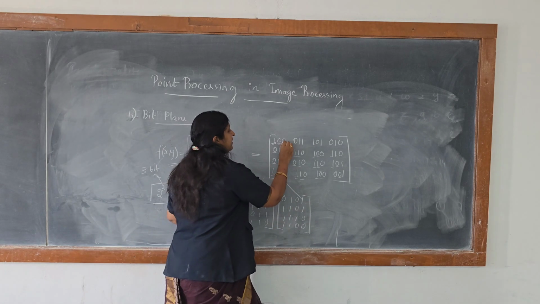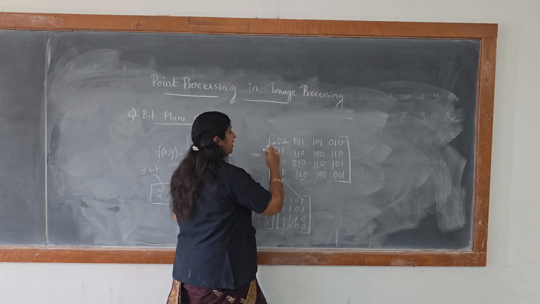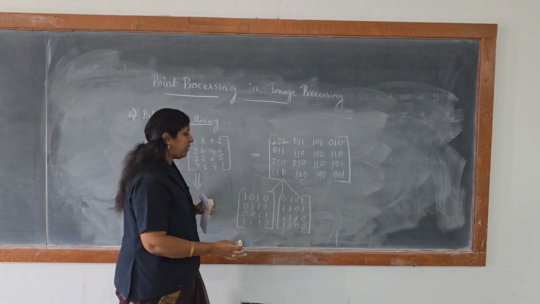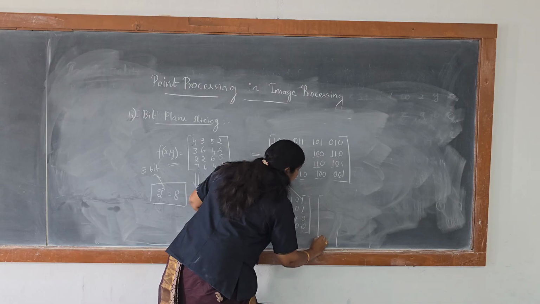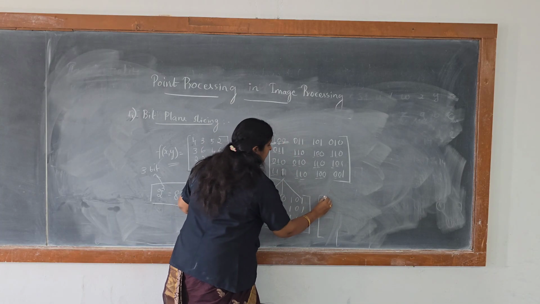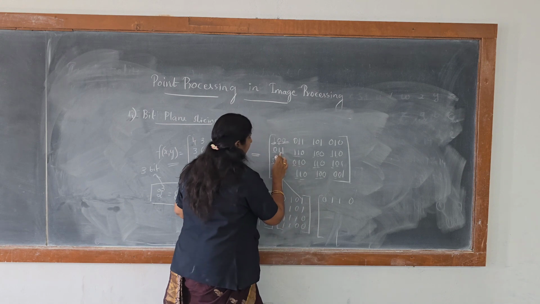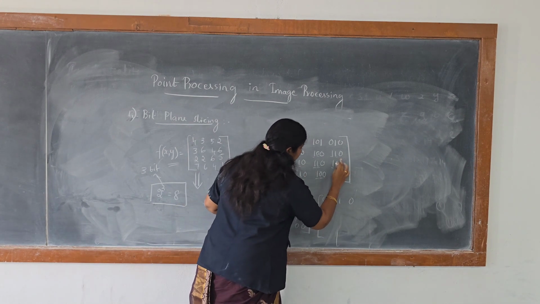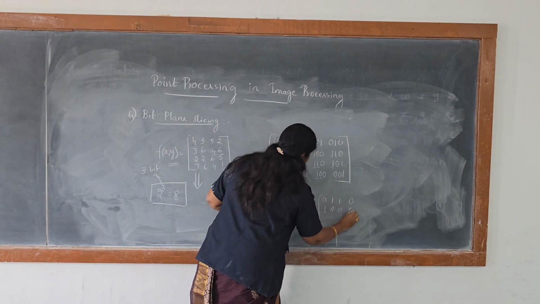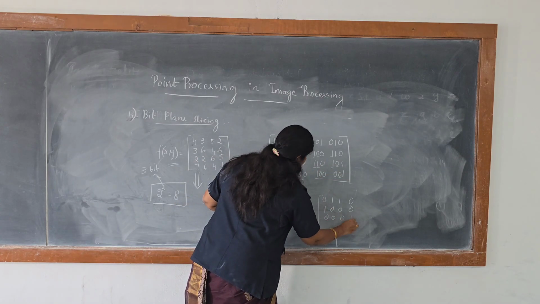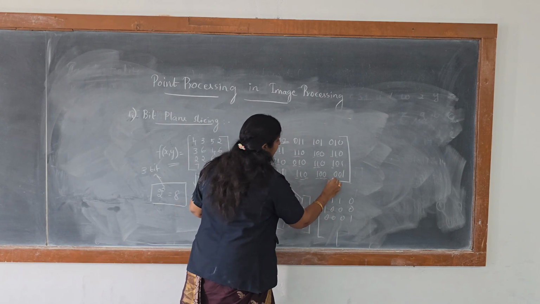And the least significant bit, that is the rightmost bit. If you consider that bit separately, you will get a separate binary form: 0 1 1 0, 1 0 0 0, 0 0 0 1 and 1 0 0 1.